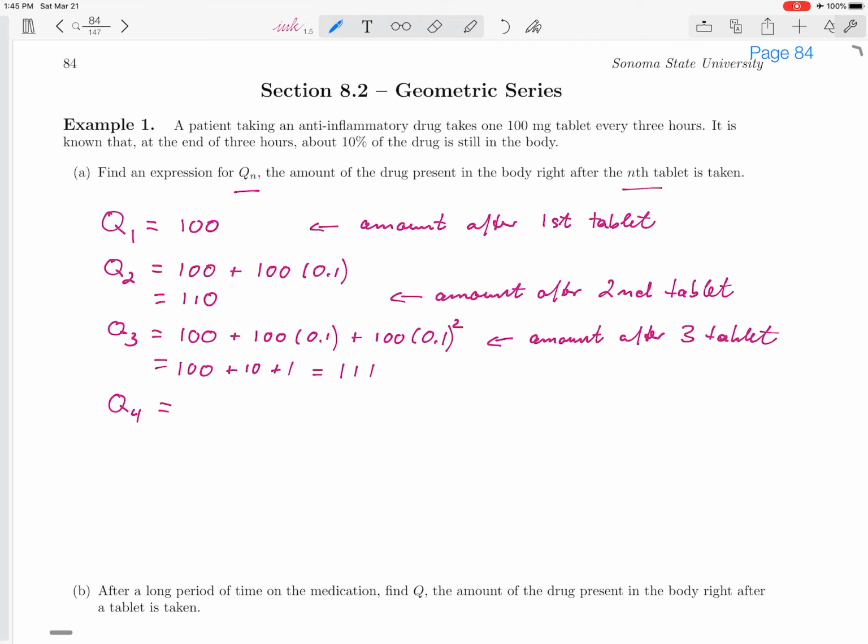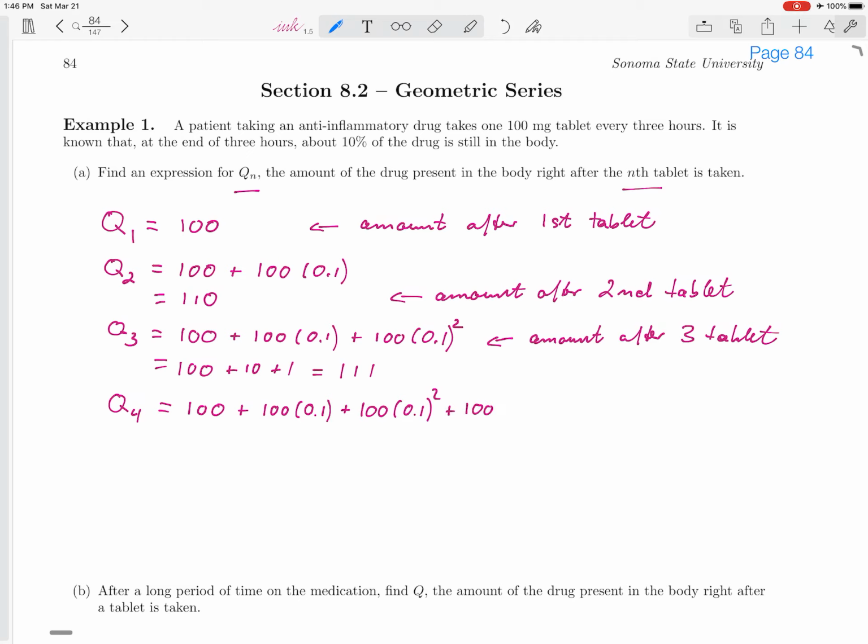So after we take the next dose, you see the pattern, I hope. The fourth tablet itself is 100 milligrams. The tablet we took 3 hours ago, 10% of that tablet is left. The one that we took 2 doses ago, 100 times 0.1 squared is left.